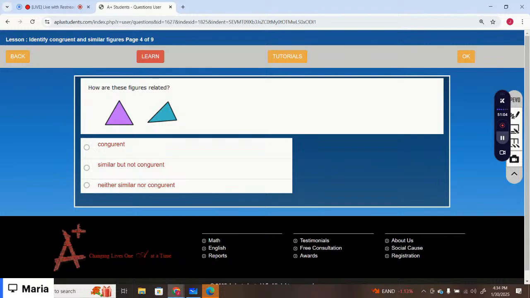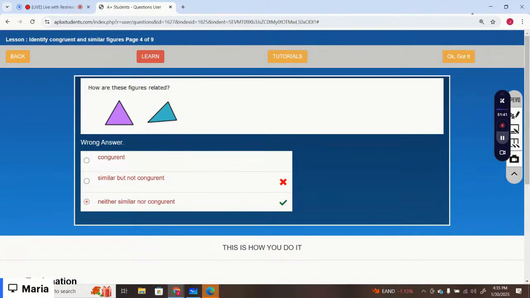How are these figures related? They are similar but not congruent. Neither similar nor congruent, sorry.